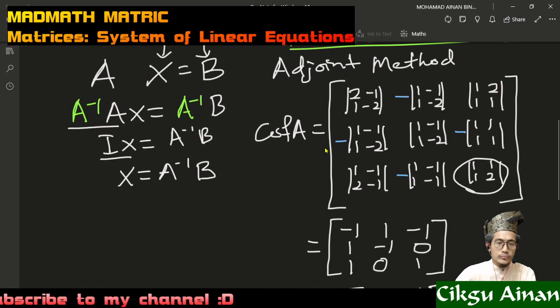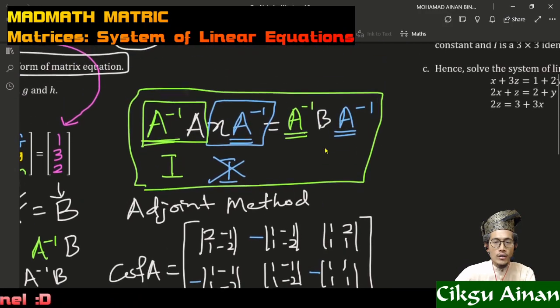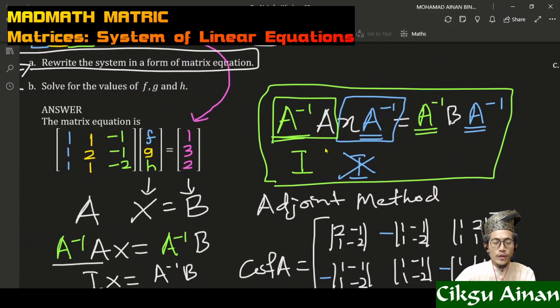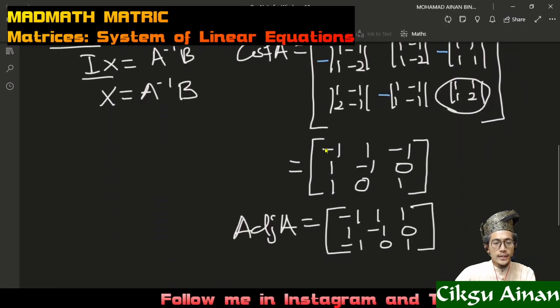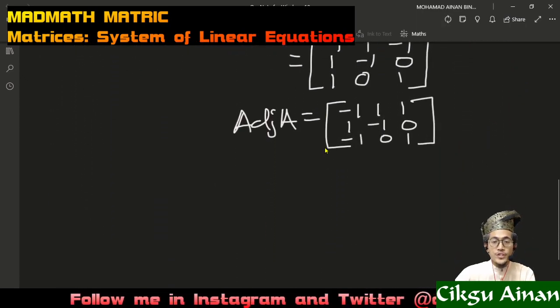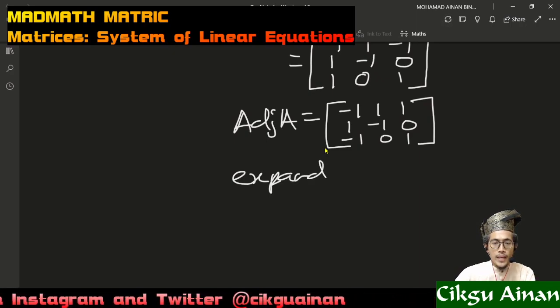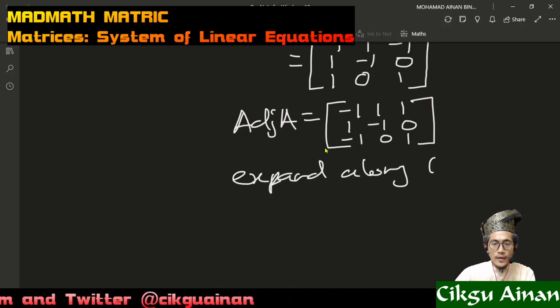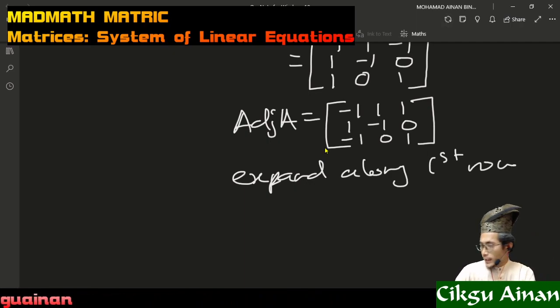Now, the next step is to get the determinant of this matrix. We can expand it along the first row. Expand along the first row. Okay, I don't have the matrix with me.